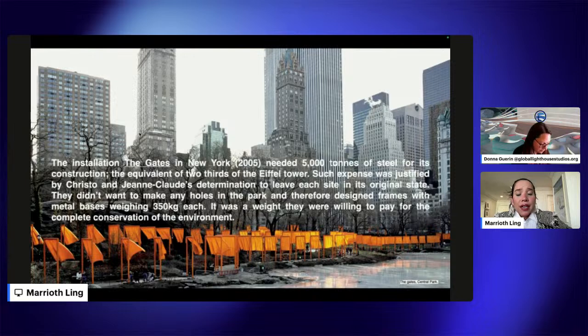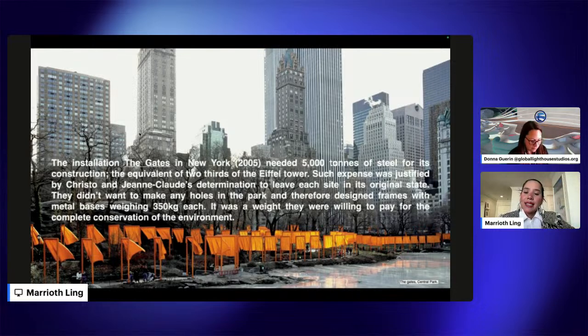That was justified by Christo and Jeanne-Claude's determination to leave each site in its original state. They didn't want to make any hole in Central Park, and therefore they designed frames with metal bases that weighed 350 kilograms each, so they wouldn't fly in the air, like it happened one time to them.